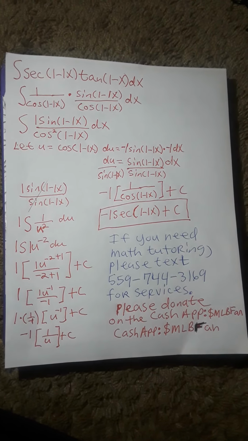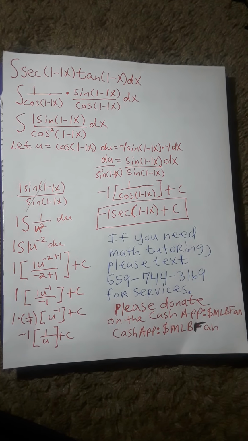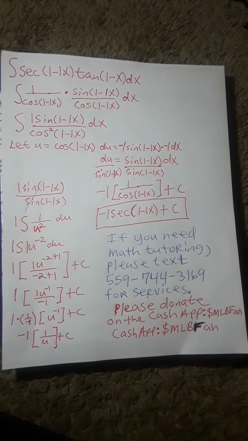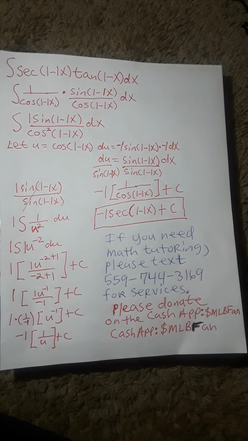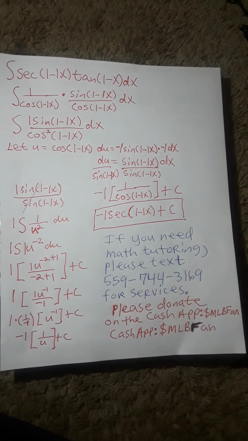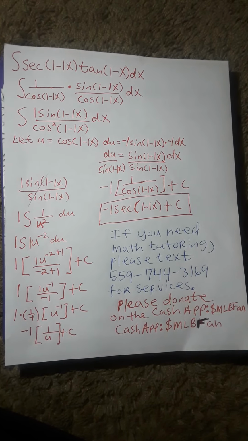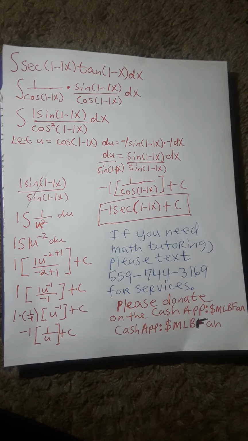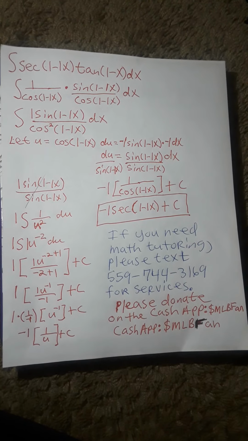So you want to divide both sides by sine of 1 minus 1x, and now we will have du over sine of 1 minus 1x is equal to dx. Now we have to look at the numerator in the form of, with the integral 1 sine of 1 minus 1x.